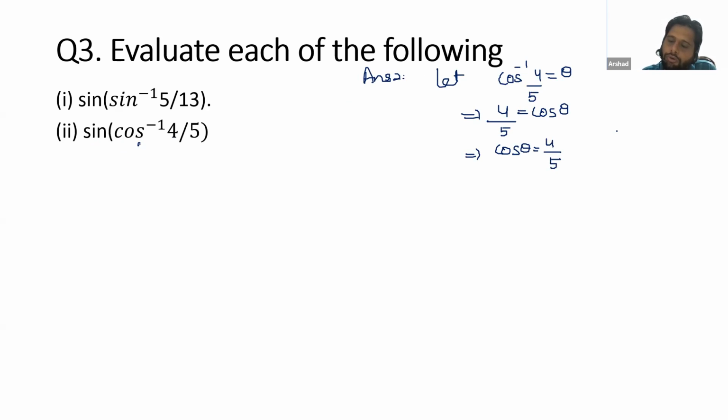Now draw a right angle triangle. Here you have A, here you have B, here you have C. It is theta. Cos theta is 4 by 5. That means, yes, that's correct, 4 by 5 means base is 4 and hypotenuse is 5. Now, what is the perpendicular? Rifat, what is the perpendicular in this case?